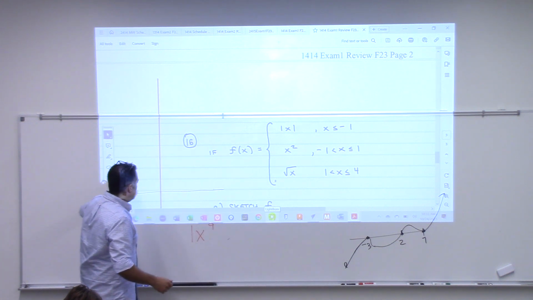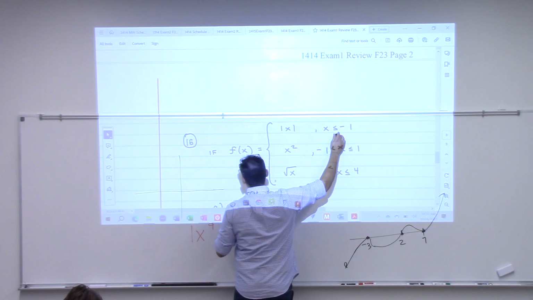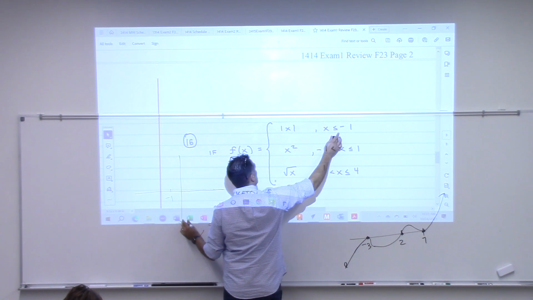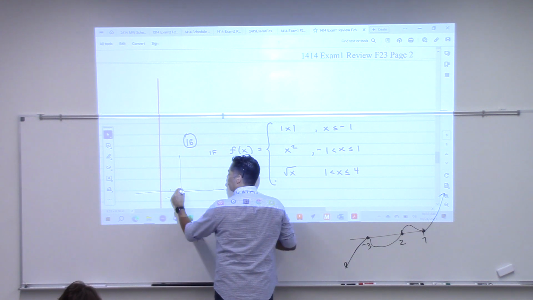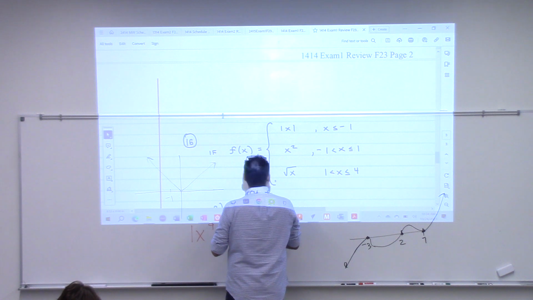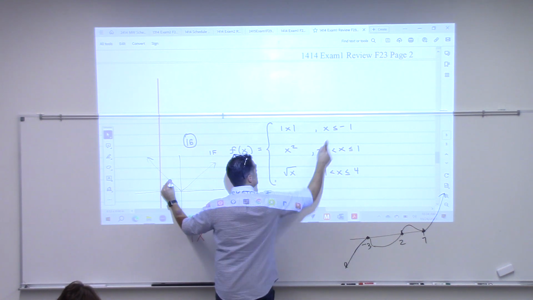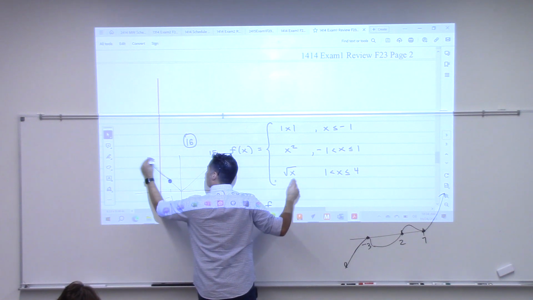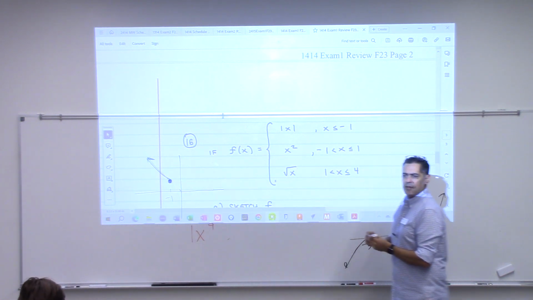On a graph, to the left of -1, when x is less than or equal to -1, it's supposed to look like the absolute value function. The absolute value function looks like this. You have to know that. But we only want to go from x less than or equal to -1, out like this, and then we erase this part. So that's the first piece.